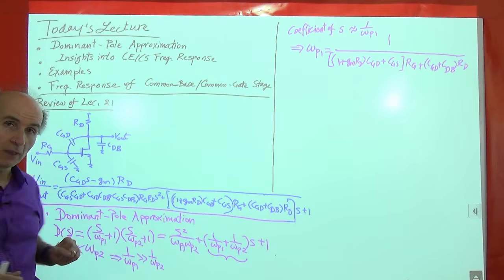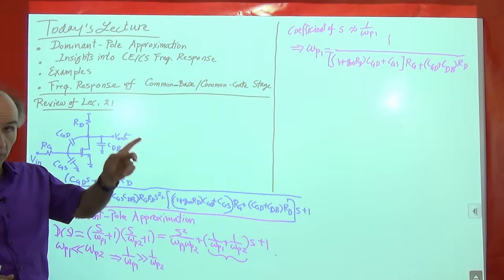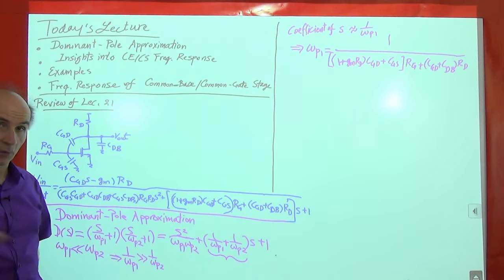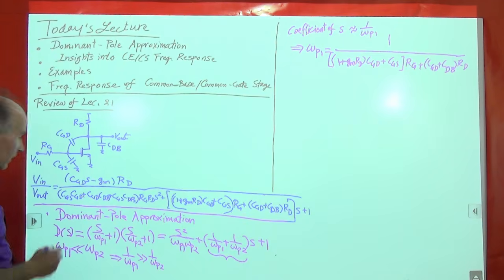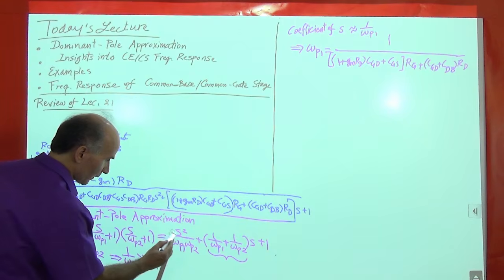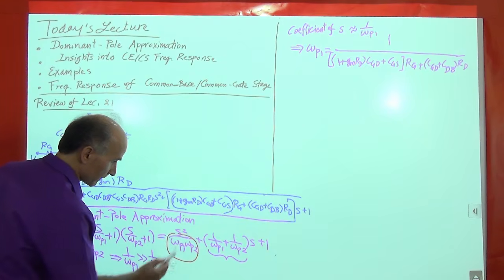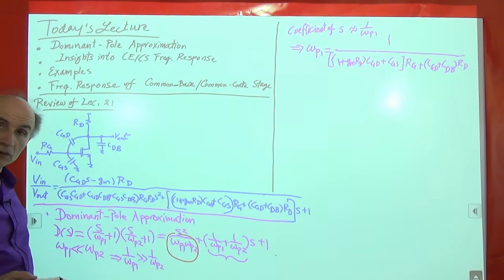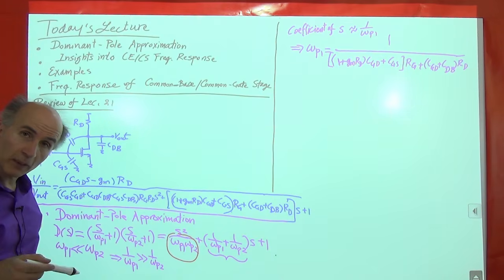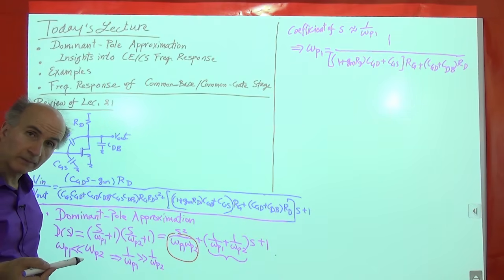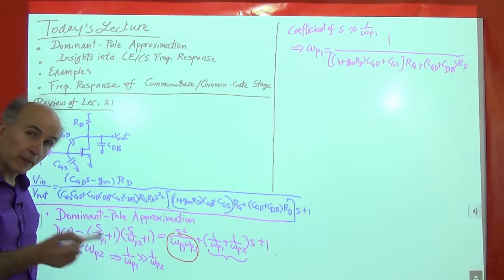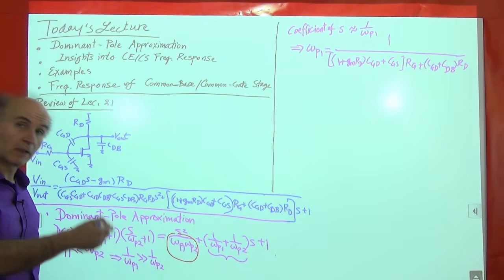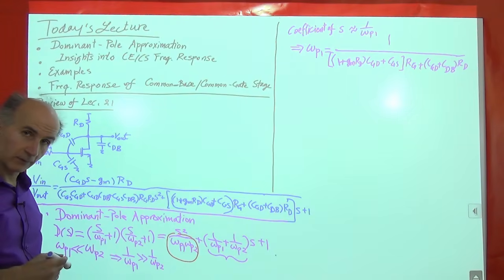Question number 2 is, how do I find omega p2? Well, that's easy enough. We go back here and again observe that the coefficient of s squared is equal to 1 divided by omega p1 omega p2. So because I already found omega p1, I can readily find omega p2.